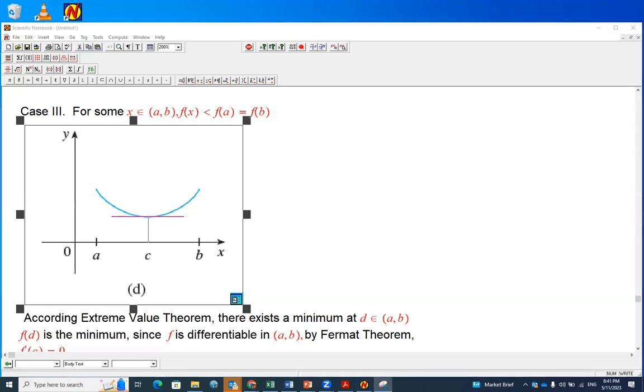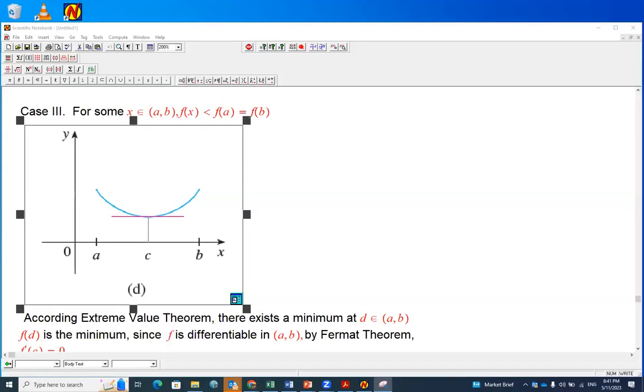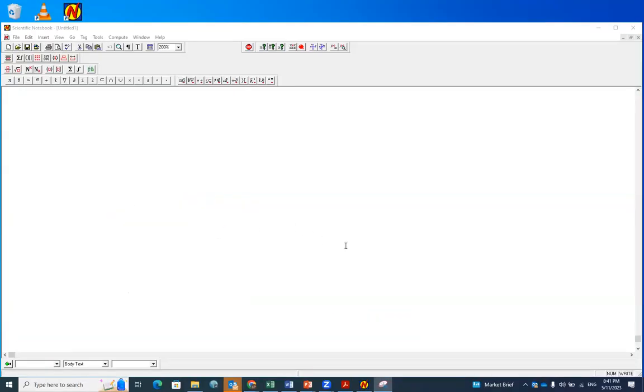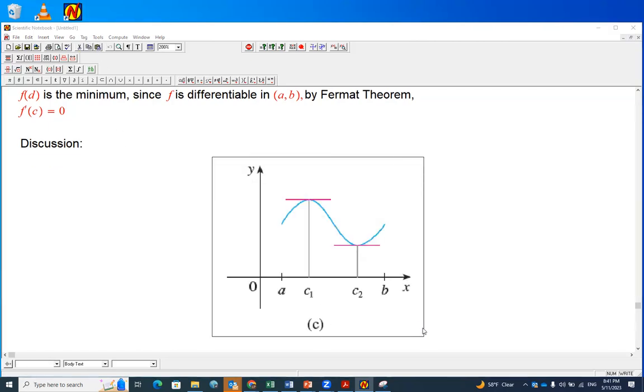Could there be other cases? Absolutely. We'll talk about that along the way; it could be that we have both. So let's have a discussion. There can be other cases, certainly.